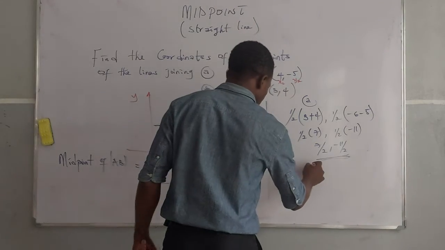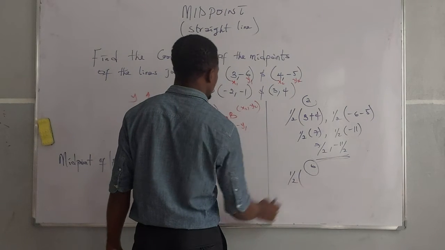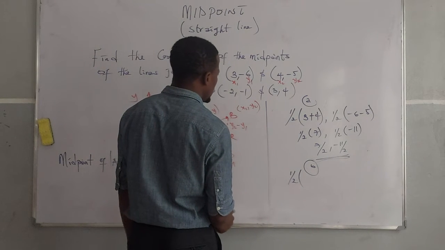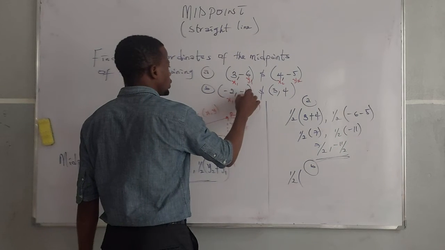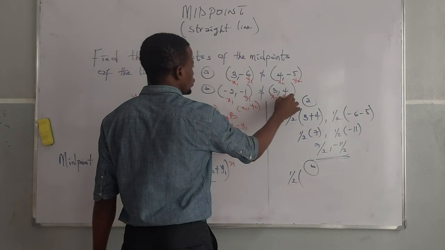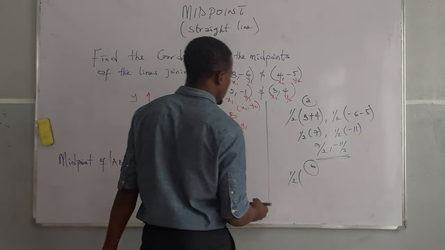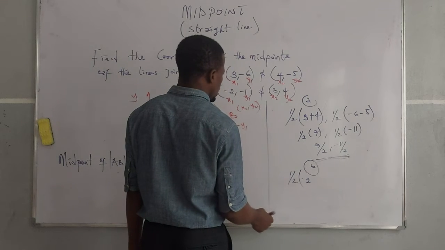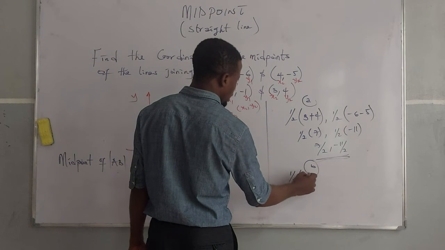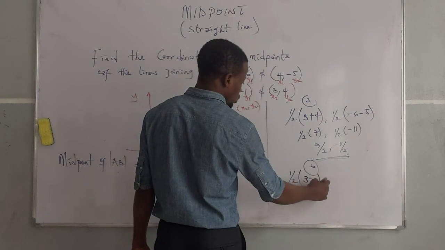Let's go for B. We have half, open bracket, what is x1? Our x1, y1, x2, y2, right? So what do we have there? We are going to be having half of x1, minus 2, x2, we have 3. That will be minus 2 plus 3.